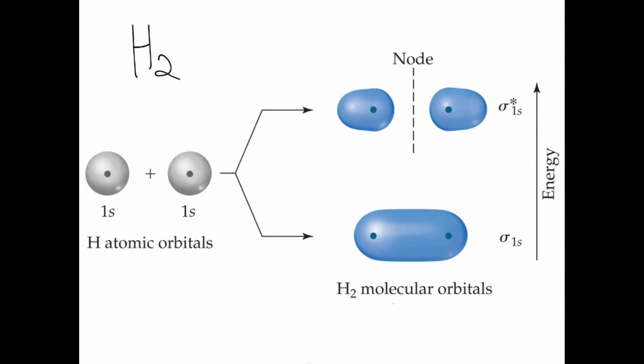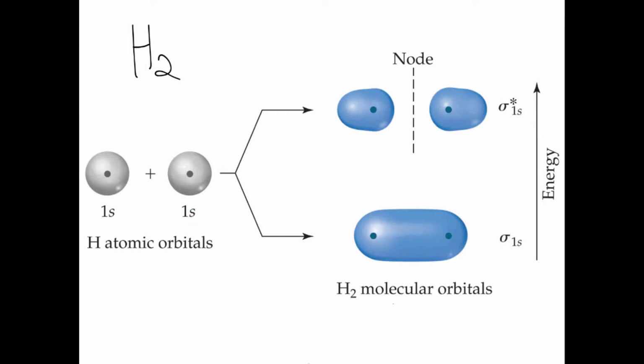But we're not done, and there is an elephant in the room, so to speak, if we look at what we have above. What we have above is what could essentially be referred to as the opposite of what we have below. In other words, what we get here, this sigma 1s orbital, and I call it sigma 1s because it's constructed from 1s orbitals.